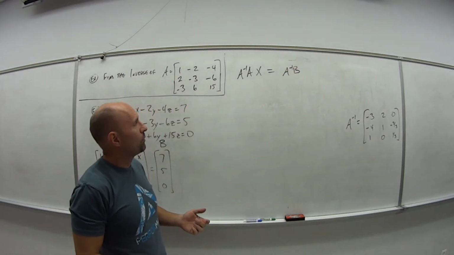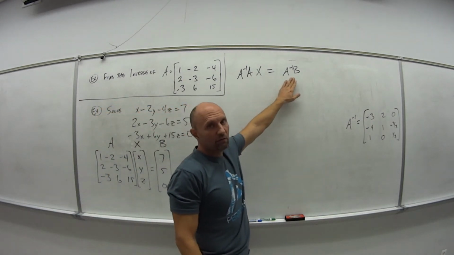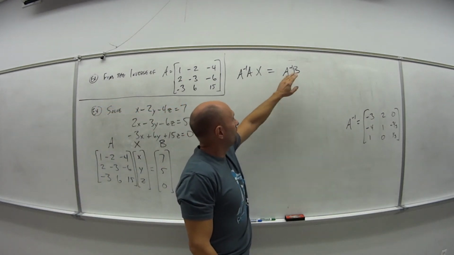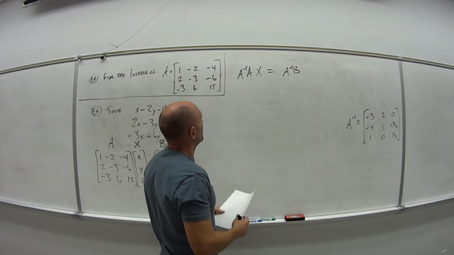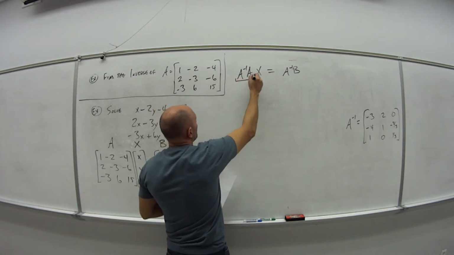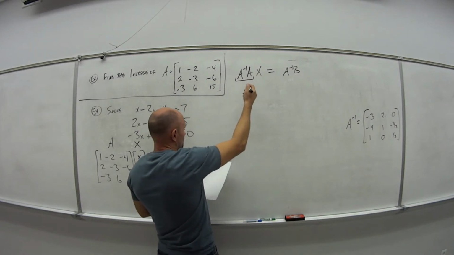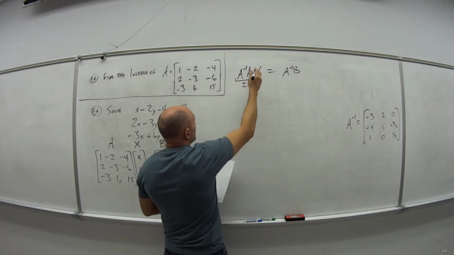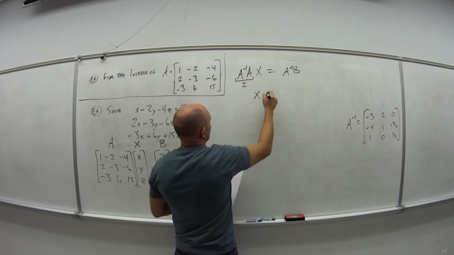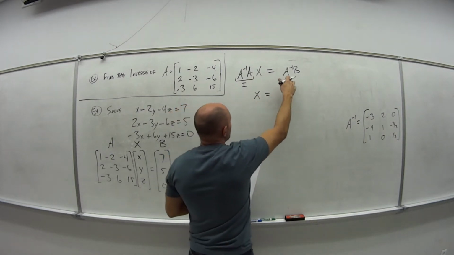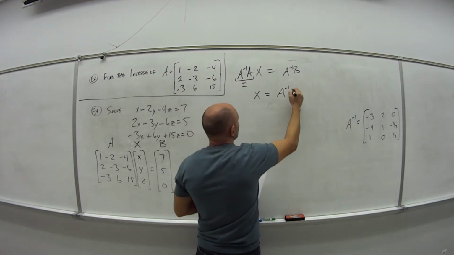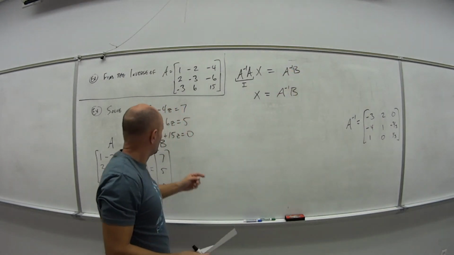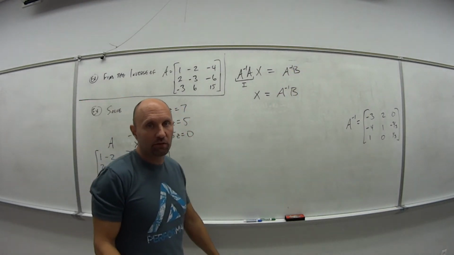The order is important because A and B aren't inverses of each other, so if I multiply on the left here, I multiply on the left there. On the left side I get the identity matrix, so I end up with X equal to the inverse of A times my B matrix, the constants.